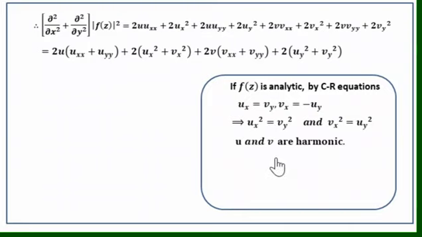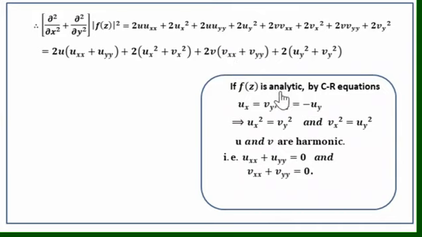So we have uxx plus uyy equal to 0, and vxx plus vyy equal to 0. If I substitute here, uxx plus uyy, this term becomes 0. Similarly, the third term becomes 0, putting vxx plus vyy equal to 0.